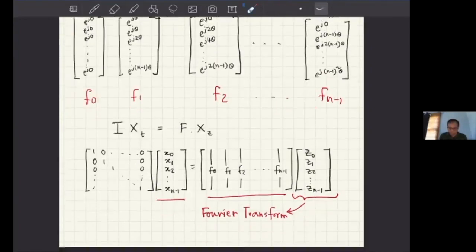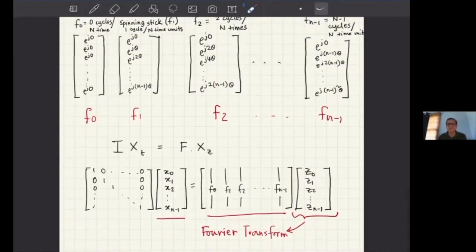So what is the Fourier transform saying? It's saying something very interesting. It's saying that if you give me any signal, x0, x1, x2, I can compose that signal by adding up a bunch of rotations and multiplying each of these rotations with some coefficients.